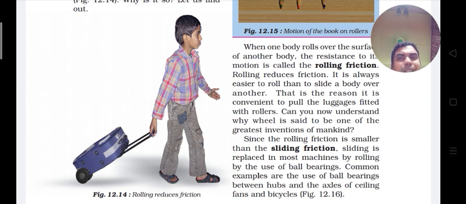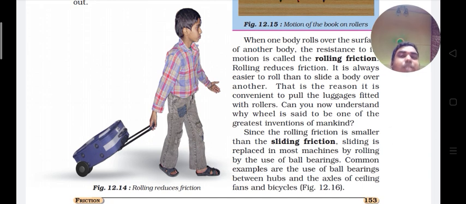That means, I repeat again, if this heavy suitcase is fitted with small wheels, then it can be pulled very easily, because when we attach wheels, sliding friction is converted into rolling friction, and rolling friction between the wheels of the suitcase and the ground is much less. Friction can be reduced by attaching wheels to move the object.